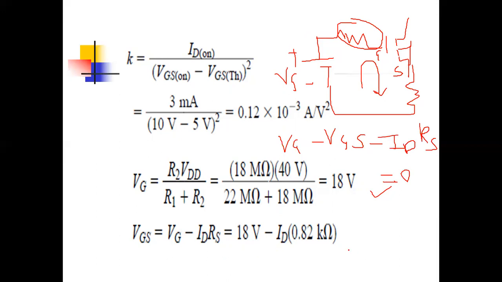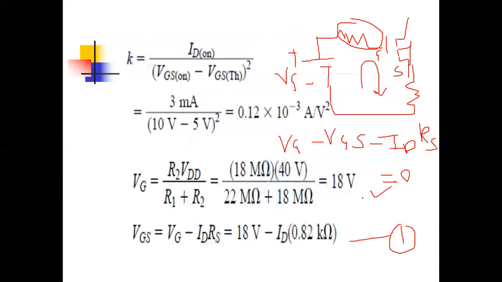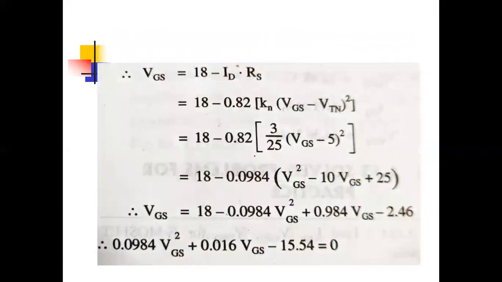Again, this is one equation with two unknown parameters, VGS and ID. You know the formula of K is fixed: ID on upon (VGS on minus VGS threshold) whole square. These parameters are given: VGS threshold 5 volt (it is blurred, but note it down), ID on 3 milliampere, and VGS on is 10 volt. From this we find the value of K.